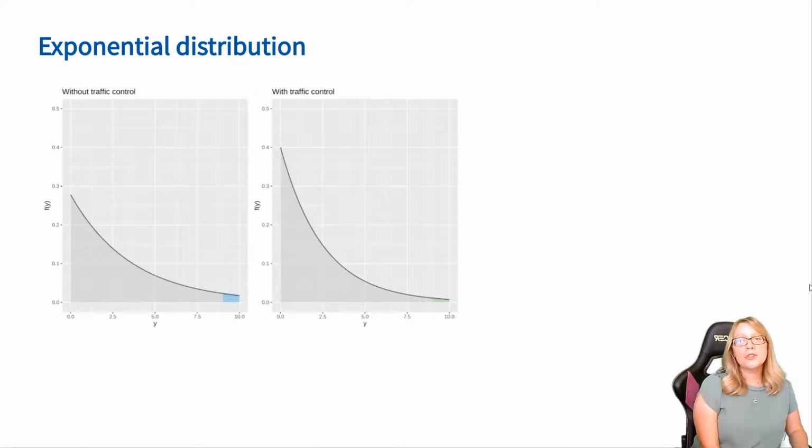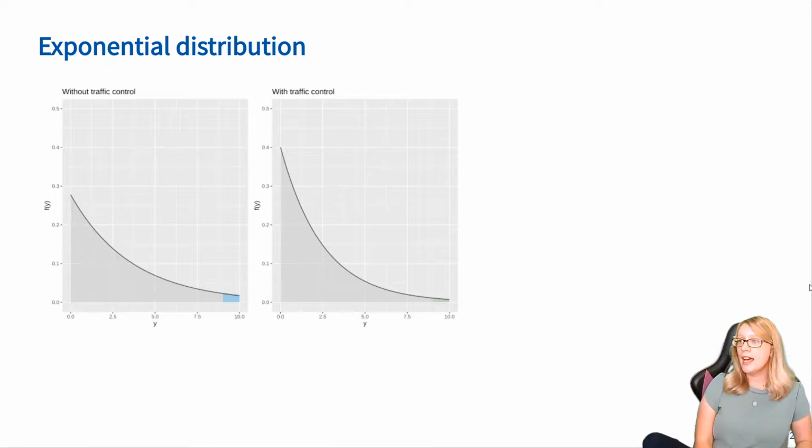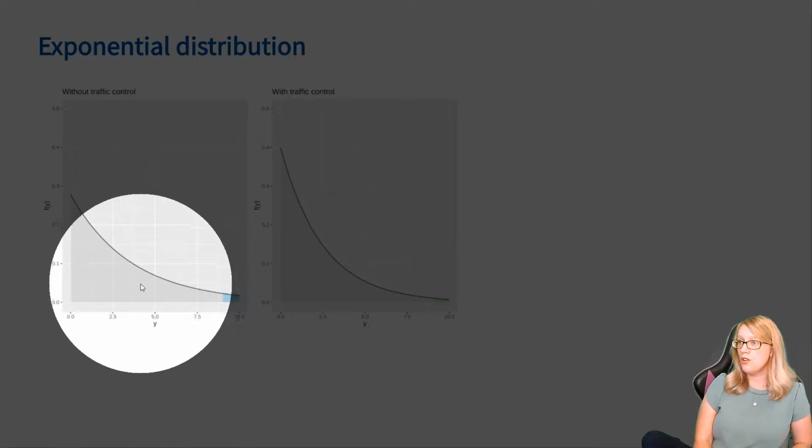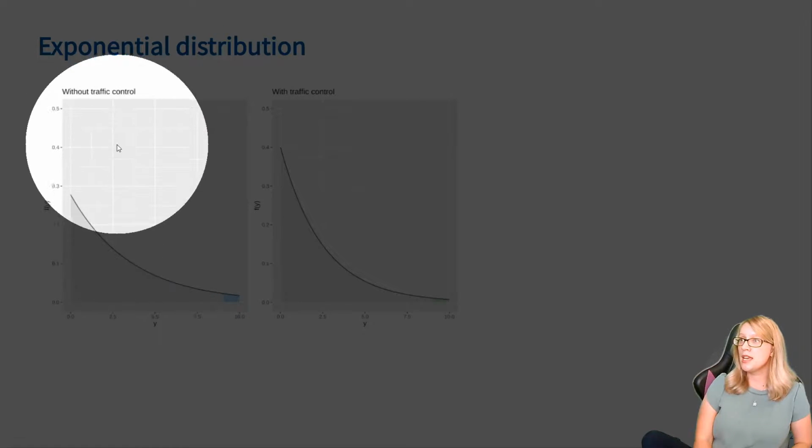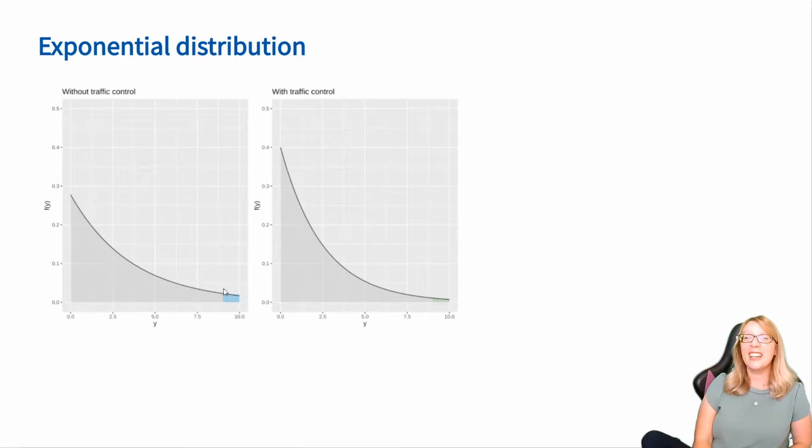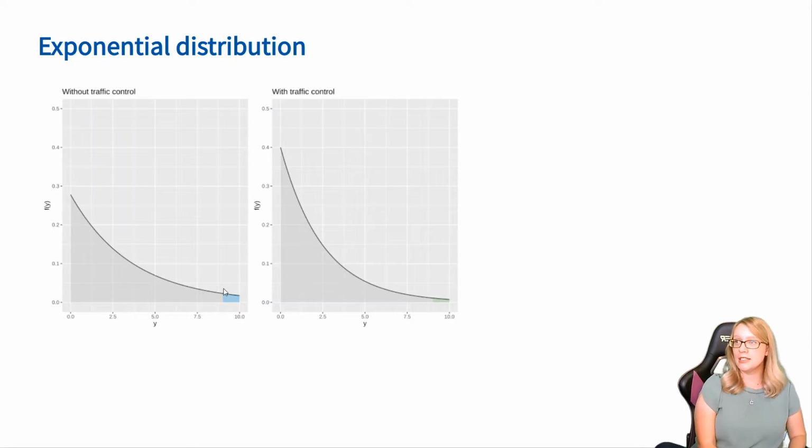So here is what those two distributions look like side by side. Without traffic control, there is a higher mean and a higher probability of reaching a value greater than 9. With traffic control, the exponential mean has shifted downward. It's become lower. There's a smaller probability of reaching 9 units.